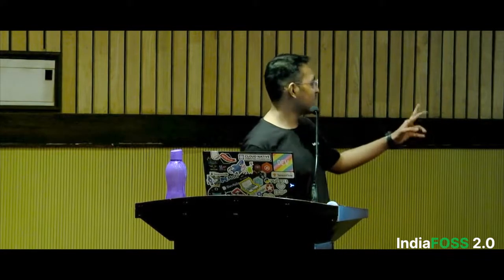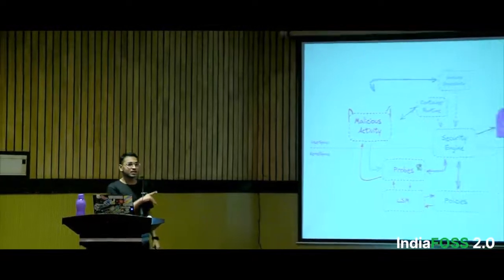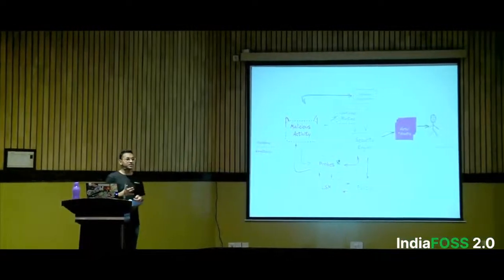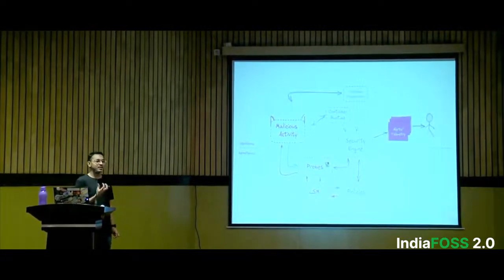I mentioned eBPF in two aspects here, probes and LSMs. We can use eBPF for just observability, and eBPF for these LSM aspects. Probes, the general syscall hooks, do suffer: you can try to avoid them if you exploit a particular race condition, and you can escape that observability aspect.